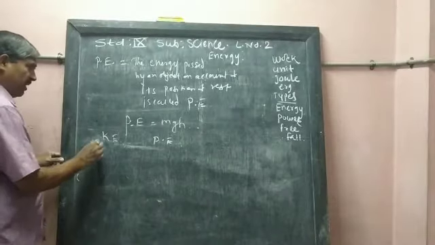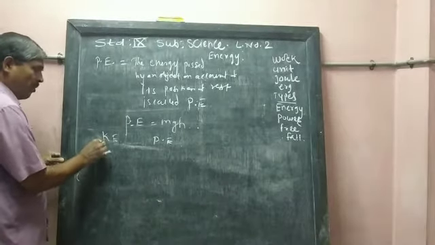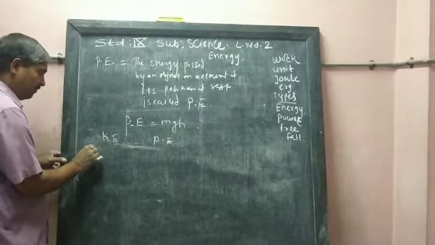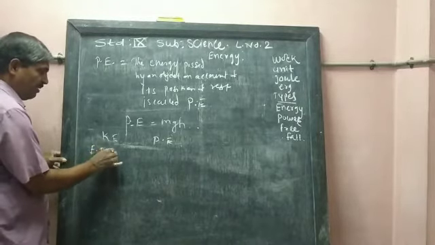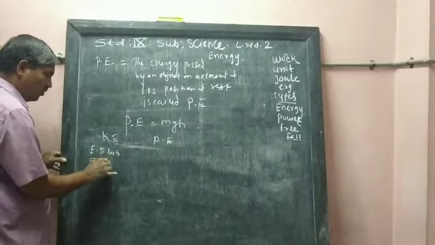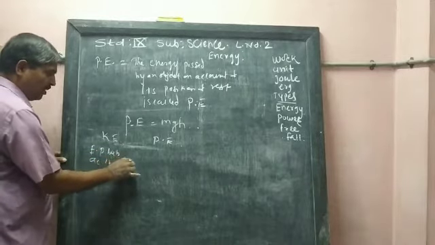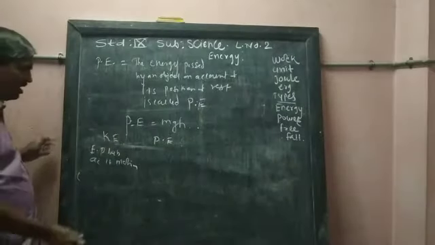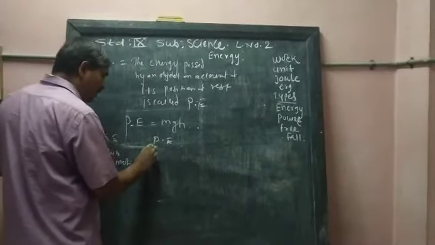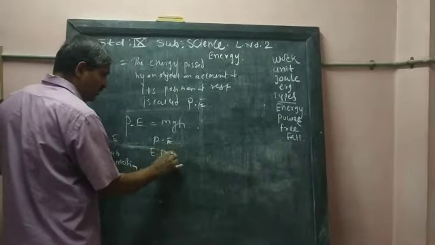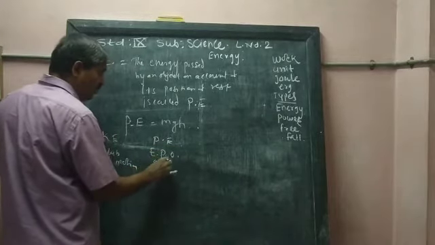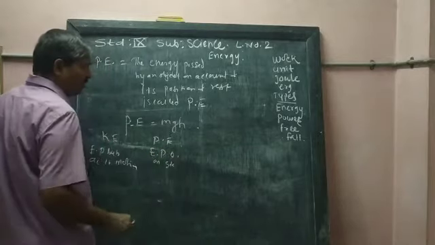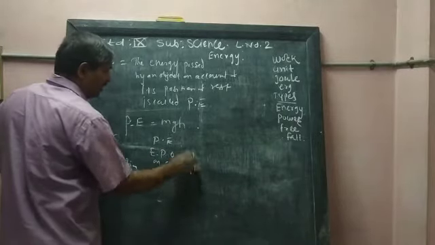The first statement is that energy possessed by a body on account of its motion is called kinetic energy. Here PE means energy possessed by an object on account of its rest state, on account of its position of rest.